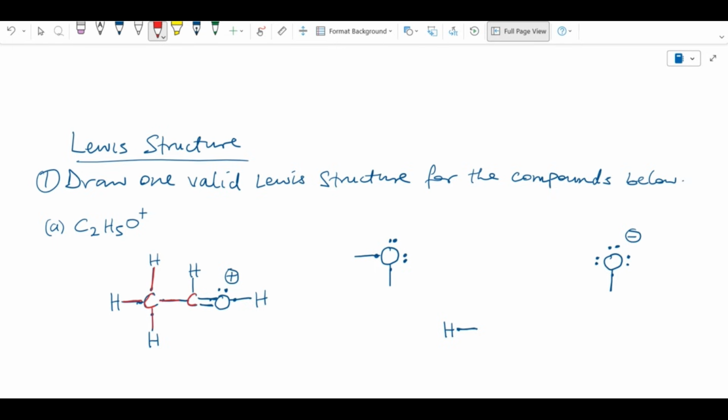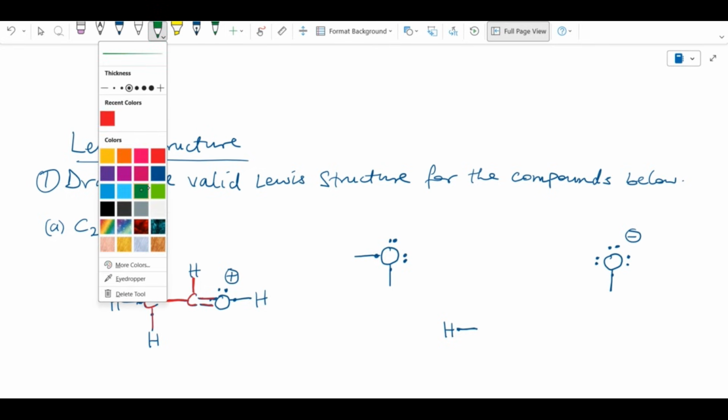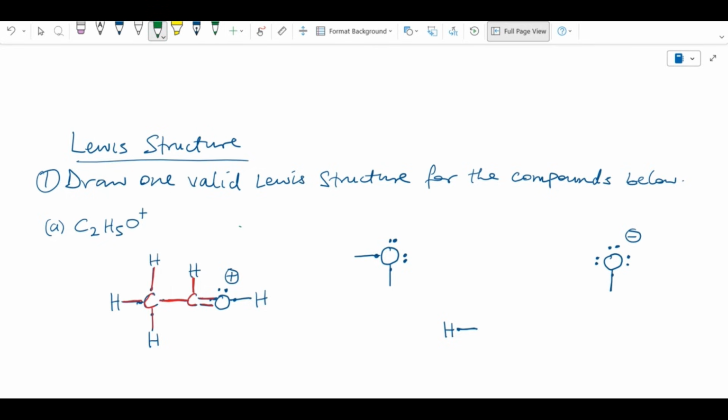This other carbon has 2, 4, 6, 8. That also satisfies the octet rule. For the oxygen, let me use a different ink here. The oxygen has 2, 4, 6, 8 electrons. So this means this will be the correct Lewis structure for the compound.